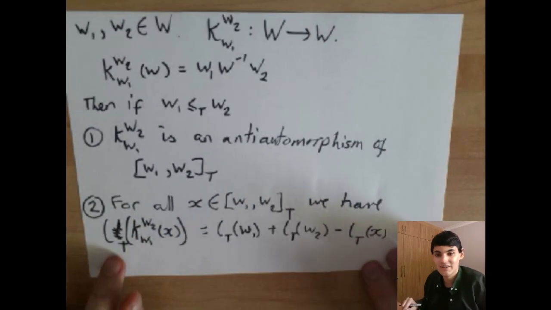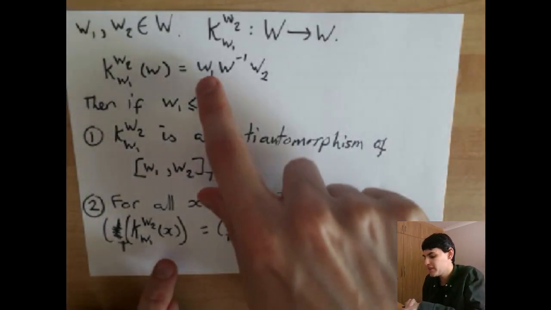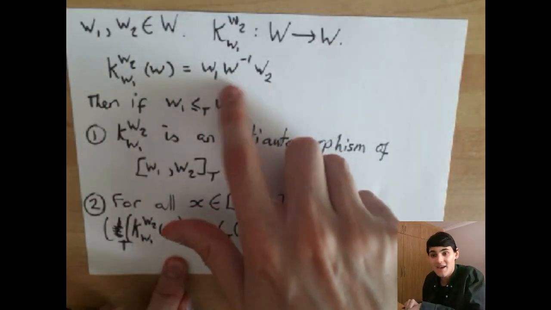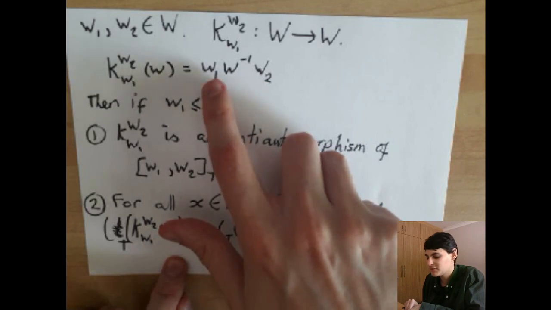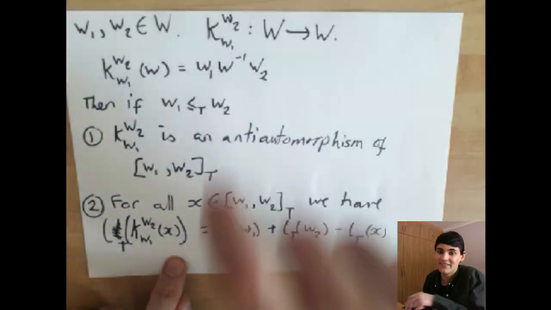So basically, if you want to find the length of this thing here, you just have to find the lengths of all of those, and then add, subtract, and add like that.